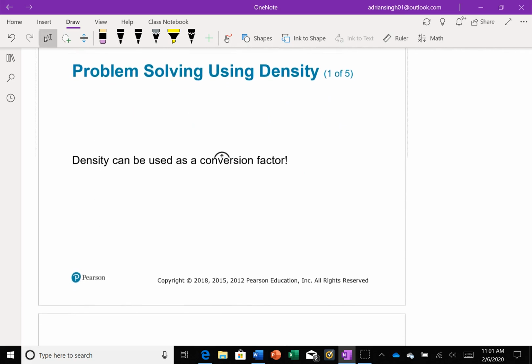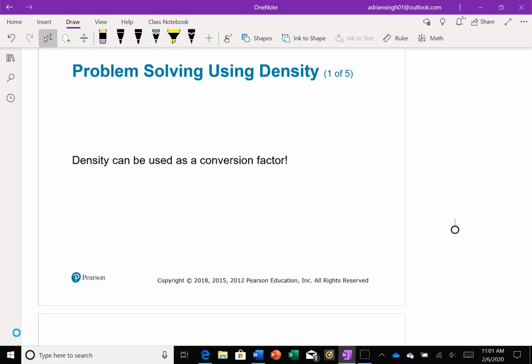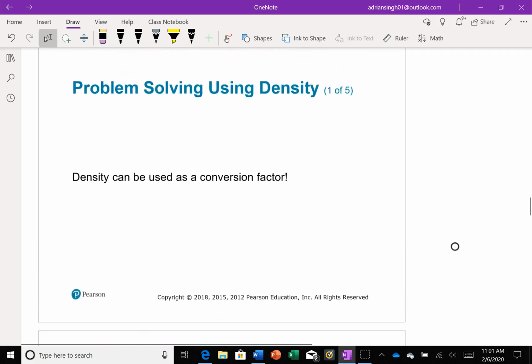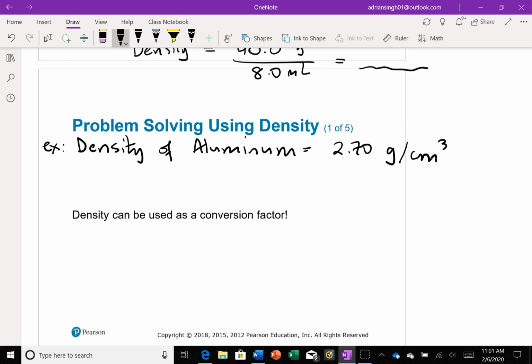So when it comes to density, we saw how we can calculate or determine density in the lab. We can also use density as a conversion factor if we needed to. All right. So for instance, if we say that the density of aluminum is equal to 2.70 grams per cubic centimeter, right?